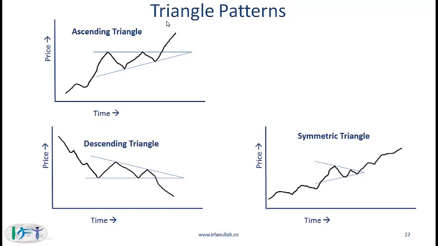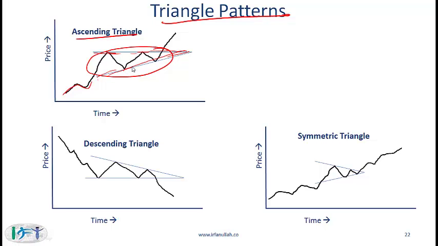Here are the various triangle patterns. Notice that these are continuation patterns. We have an uptrend, and then with the ascending triangle you have a shape like this, a horizontal top line and an angled bottom line, which create the triangle. The tops are the same.